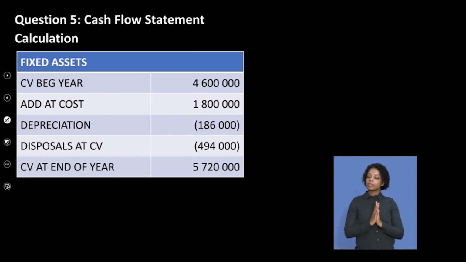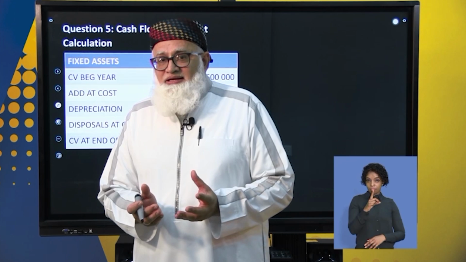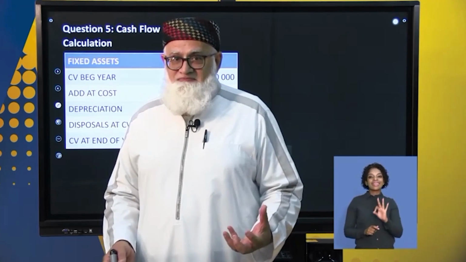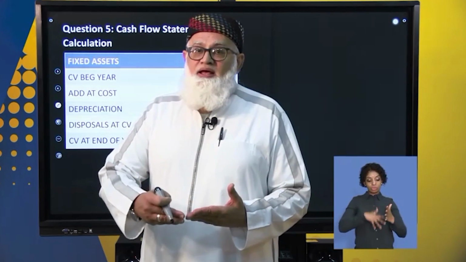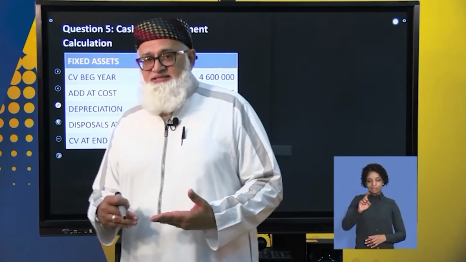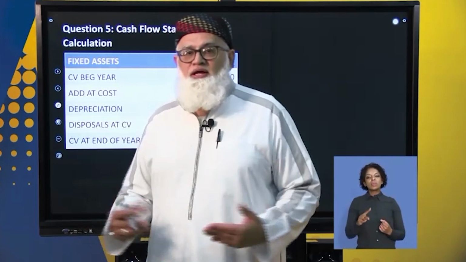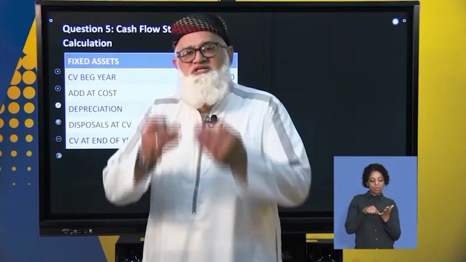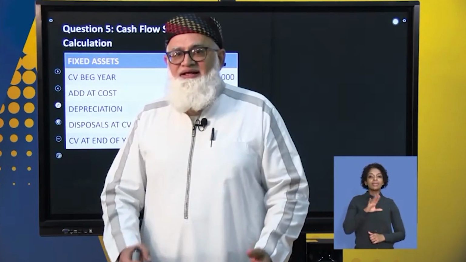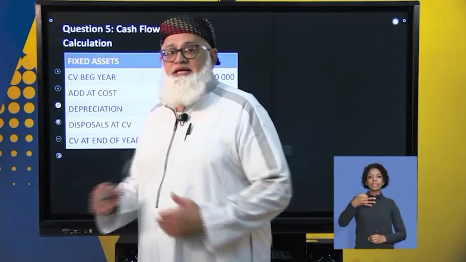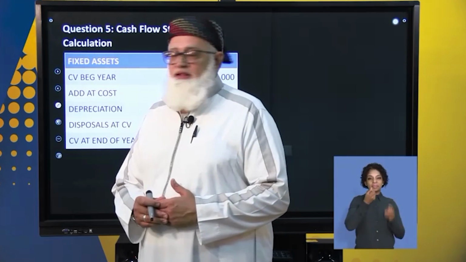Please remember that your note 3 in your balance sheet will be a source of reference when you are doing this particular calculation. Because if you understand your note number 3, then obviously you're going to understand what I'm doing here right now. Here goes.